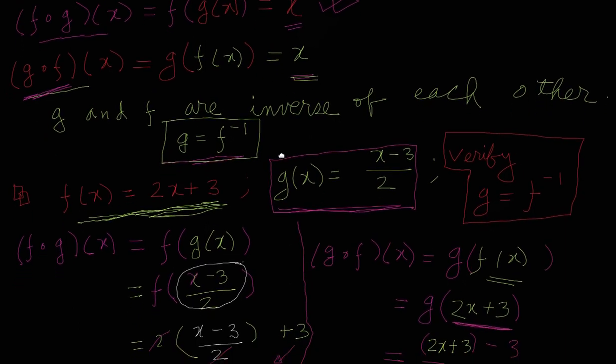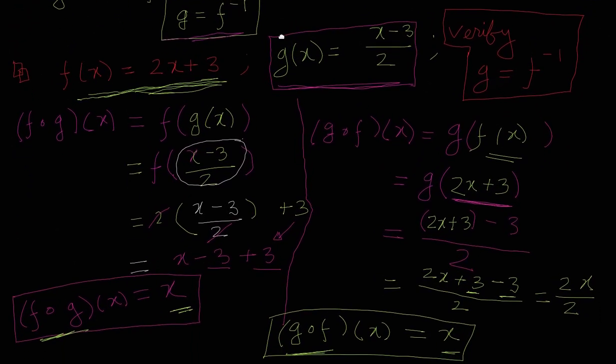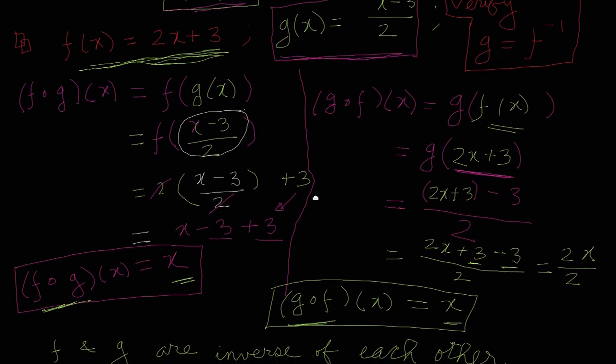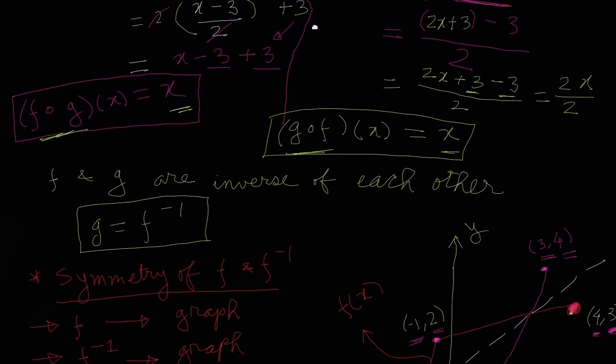And we also solved a problem with that to prove two functions are inverses of each other. In that case, we were given the function f of x and the inverse function, and we proved both functions are inverses of each other.